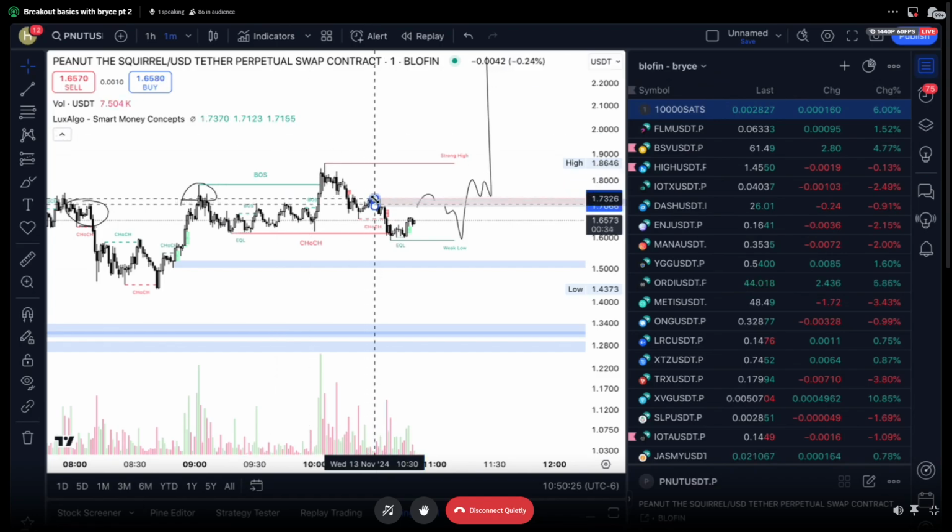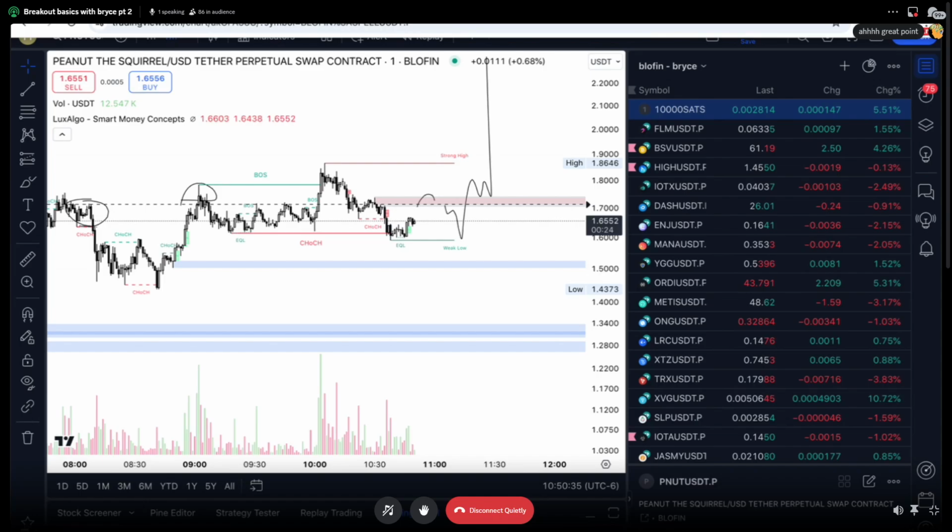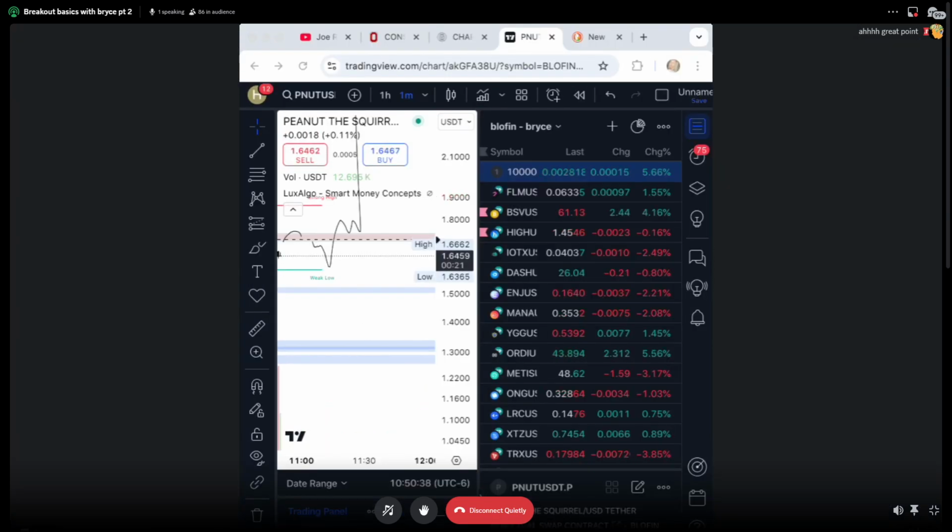So make sure you're manually plotting those in with your own color scheme, whatever you want. A lot of people forget that.